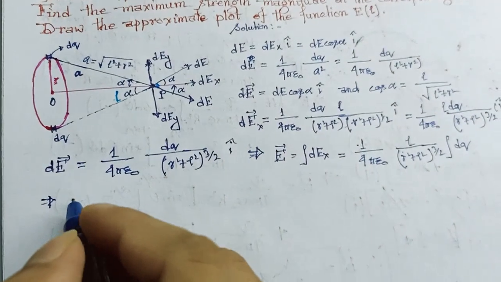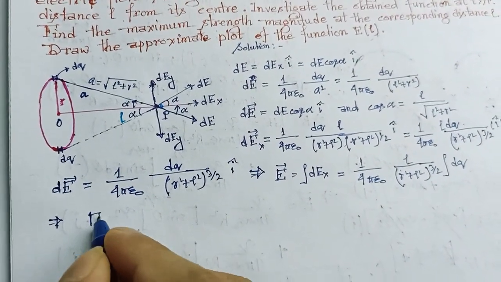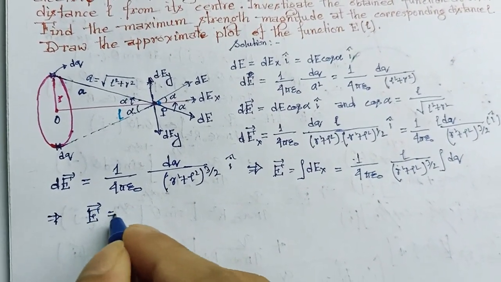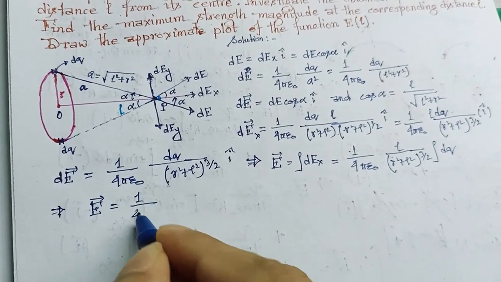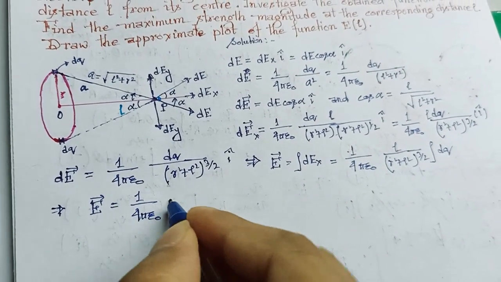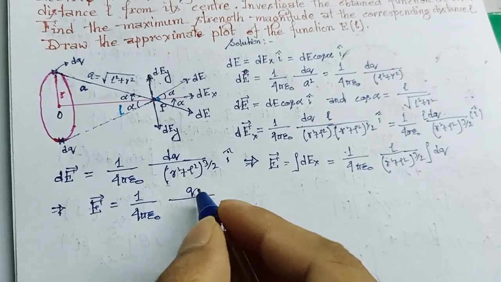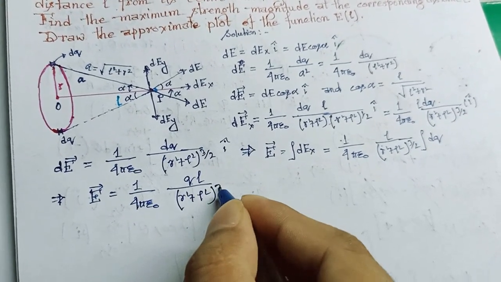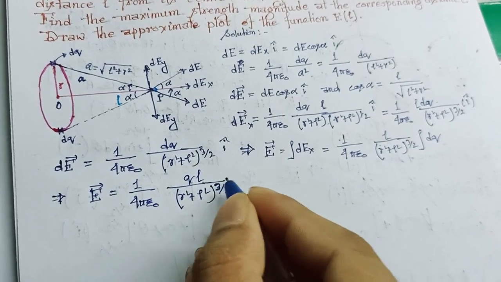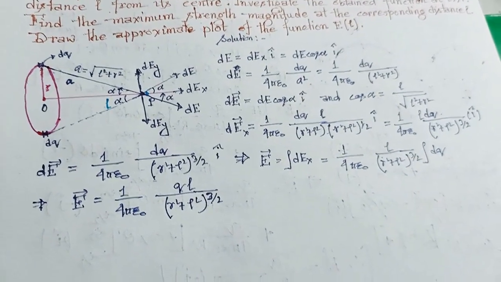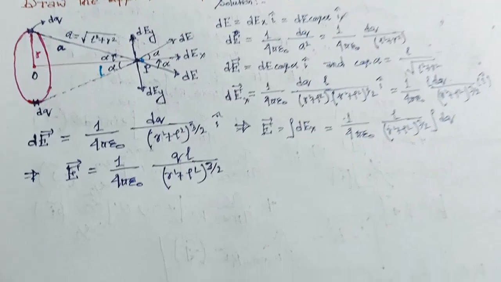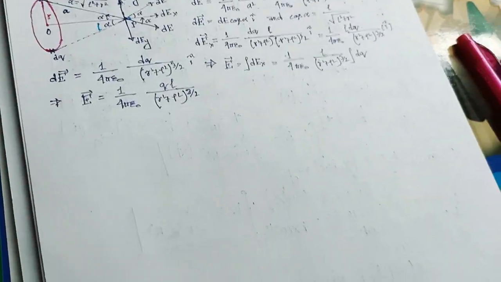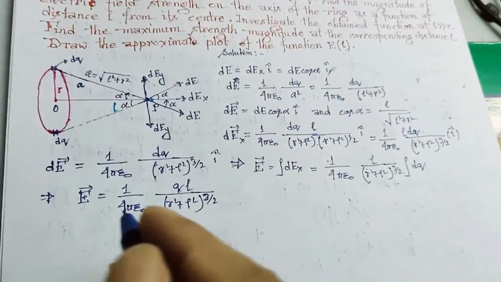So the total electric field E will be equal to 1 divided by 4 pi epsilon naught into qL divided by (R square plus L square) whole to the power 3 by 2. This is our required value for the electric field at a distance L from the center of the ring.